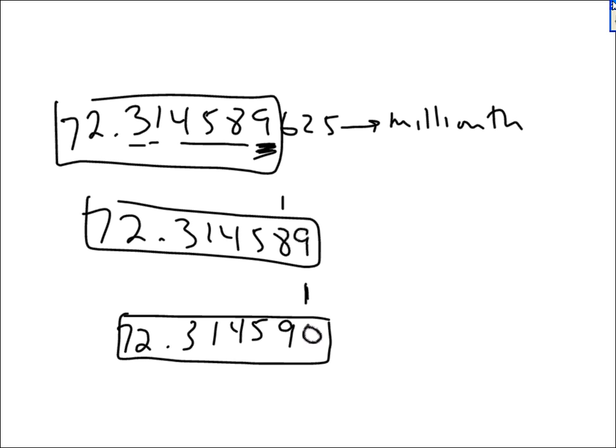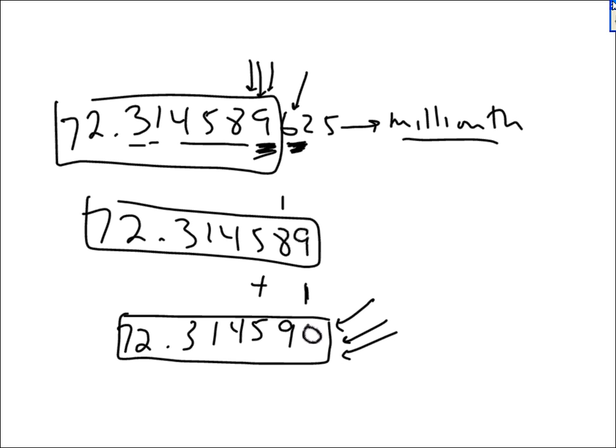Since that digit, whether it's 9 or not, is in the millionth position, go over one more to the right. Since that digit, 6, is 5 or more, I add the 1, and that's my answer.